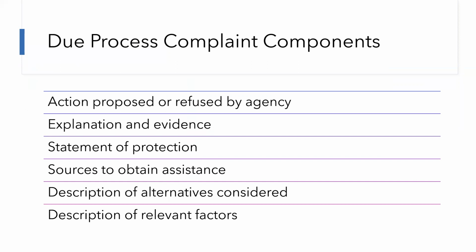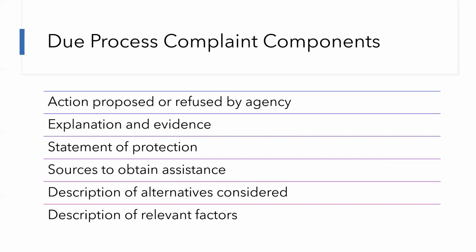Due process complaints need to include a statement that parents of a child with a disability have protection under procedural safeguards and information on the process for obtaining those, as well as sources for parents to obtain assistance in understanding IDEA Part B. The law can be confusing, and in many places, language is not very parent-friendly. So if you run into issues, please be sure to ask the school to connect you with those supports.